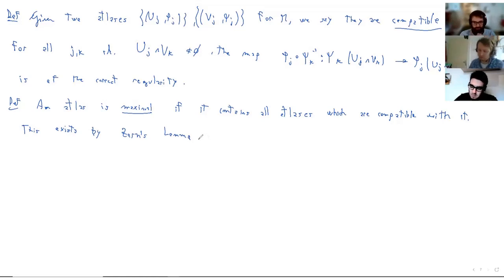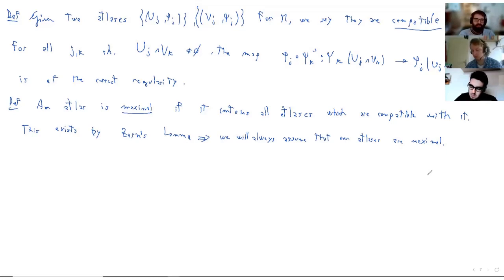And for this reason, we will always assume that our atlases are maximal. We don't lose anything from it.